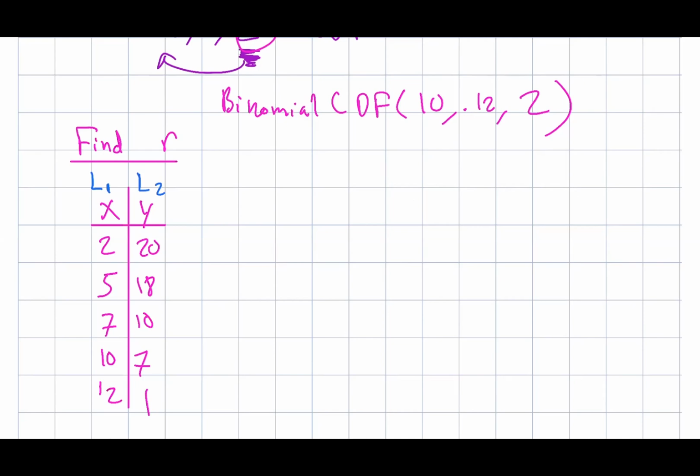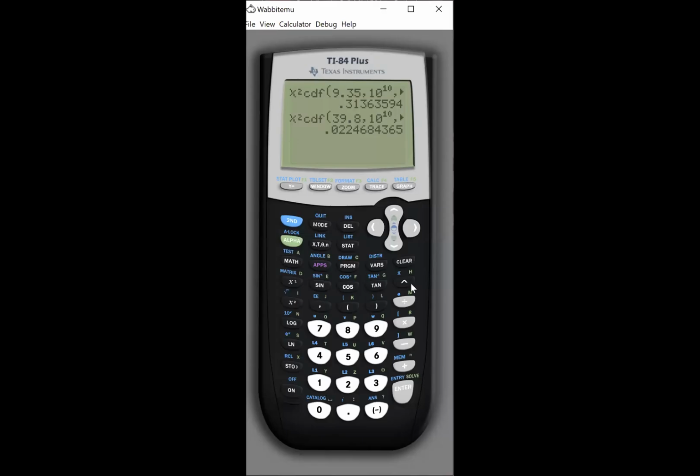So I'm going to go ahead and transition over to my TI-84. You want to enter X into L1, Y into L2. So we go to stats, you go to edit, and you go to clear and edit.